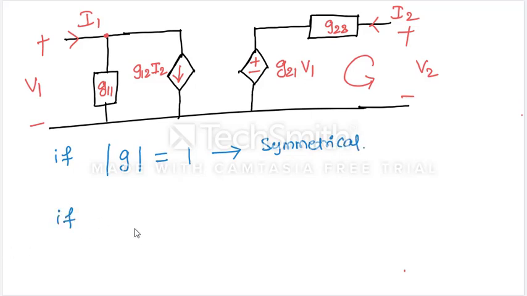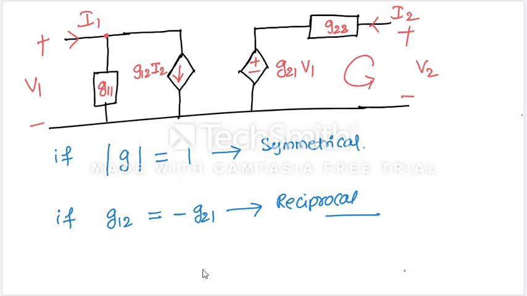And the other condition: if G12 equals minus G21, then we call it a reciprocal network.